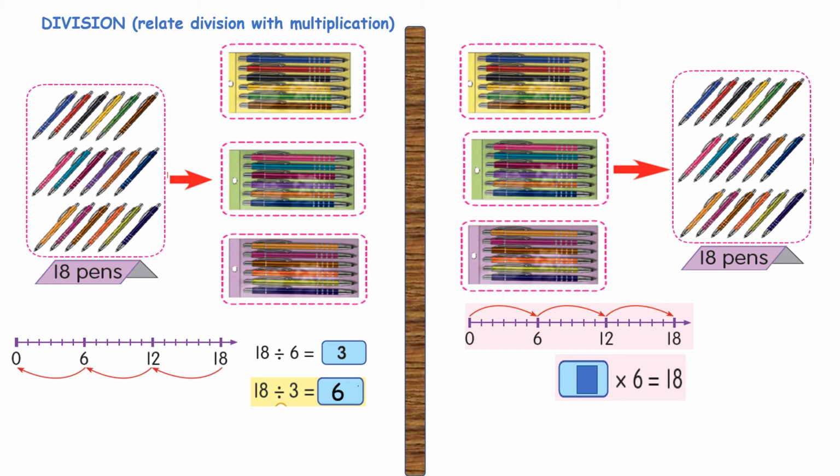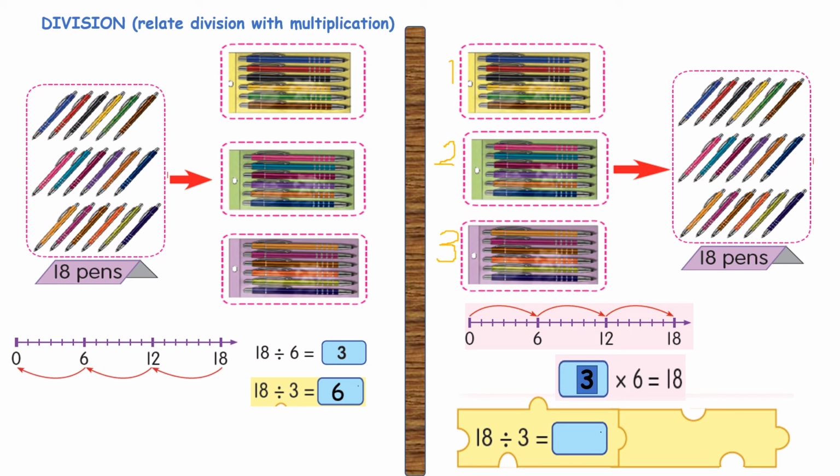What is times 6 equals 18? 6 is the number of objects in each group, and the first number should be the number of groups. How many groups here? 1, 2, 3. So we write 3. 3 times 6 equals 18.